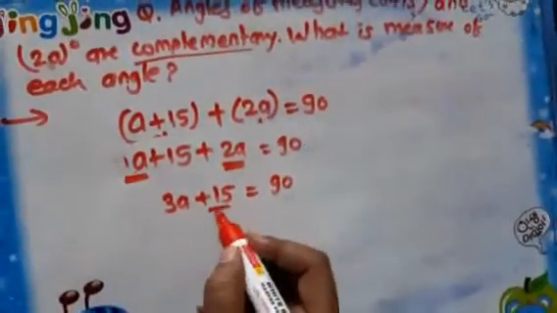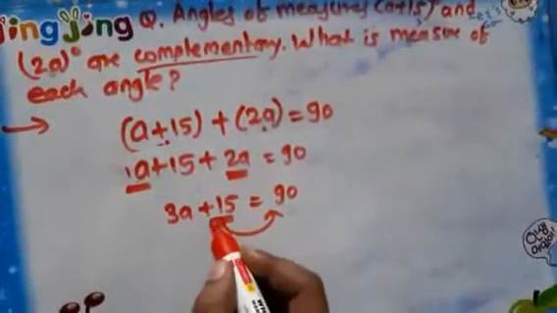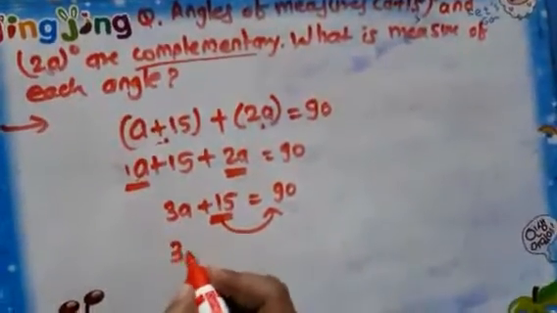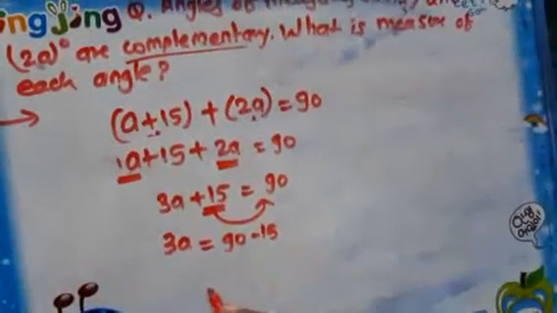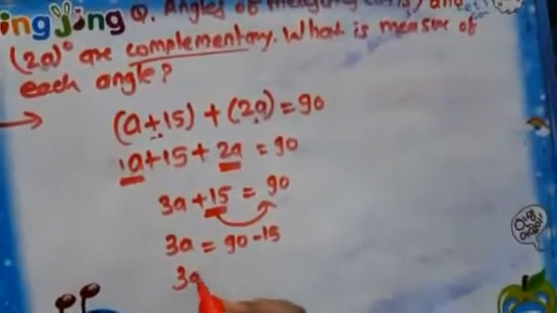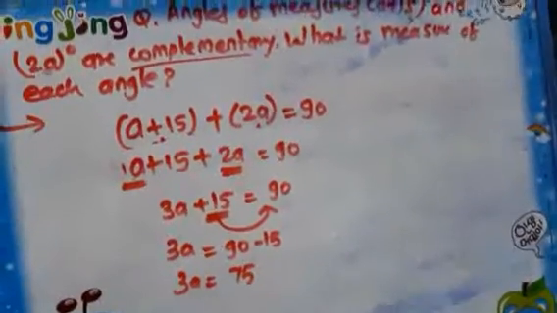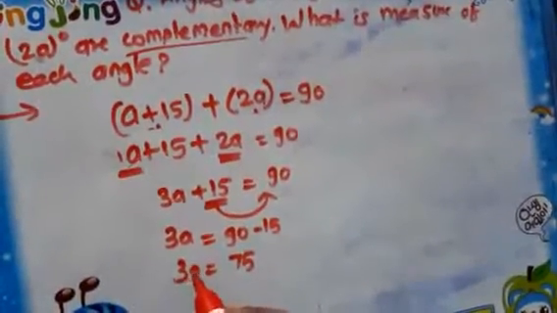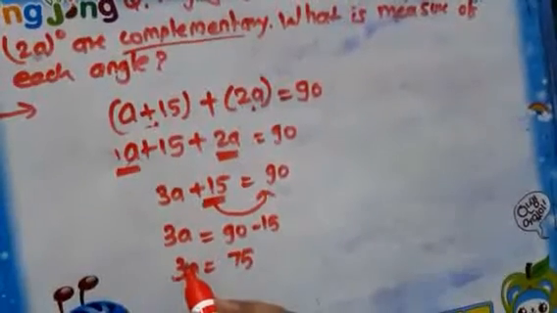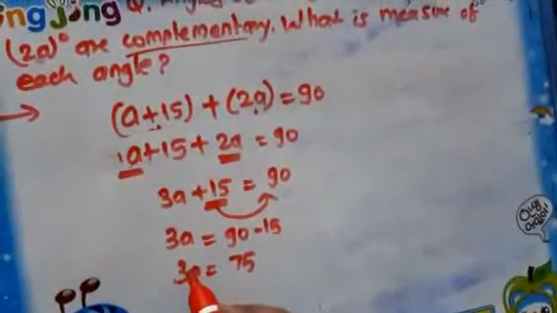Now this 15 we will send to this side. As it is positive, it will become negative. 3a is equal to 90 minus 15. So 3a will be 75. Now 3 into a. Here we are not writing the multiplication sign.